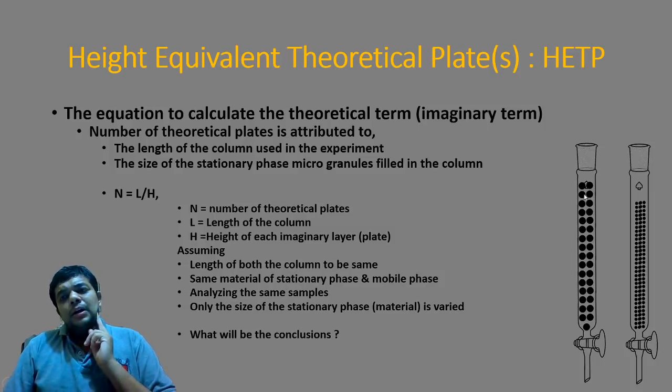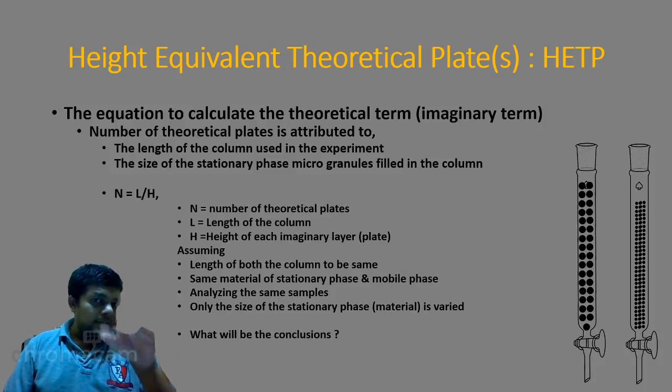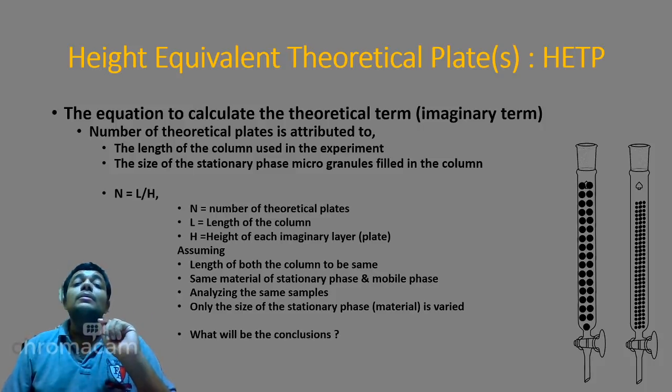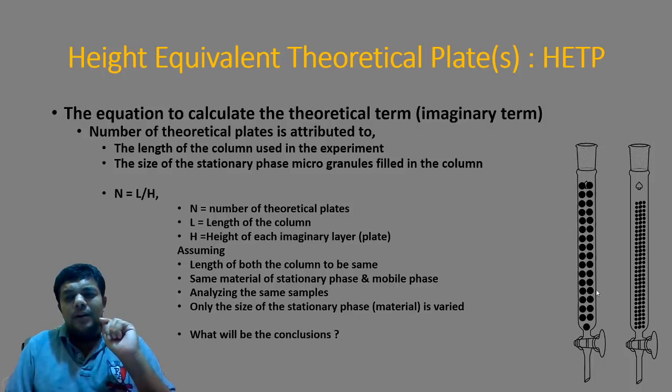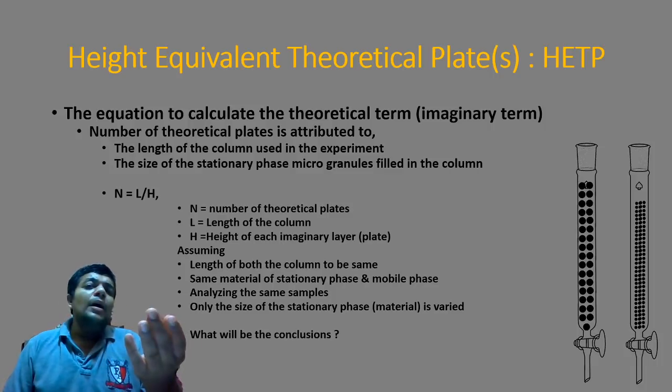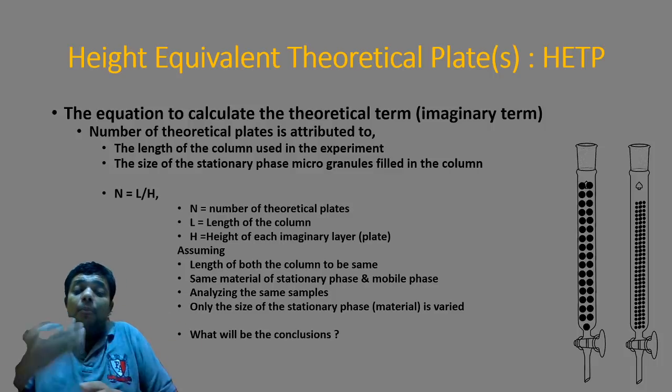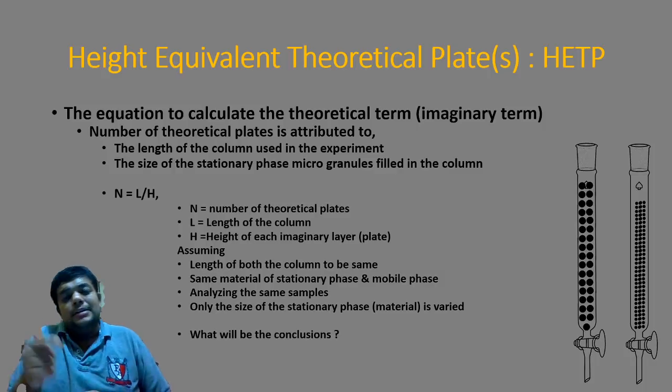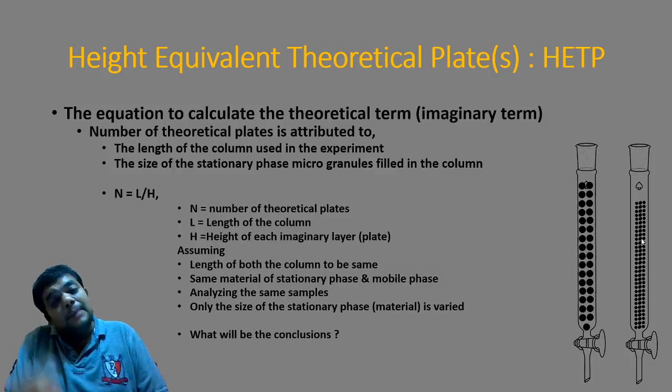Whereas over here, the number of layers is less, the particle size is big, the surface area will be less. Therefore, when comparing these two, over here the separation will be poor, over here the separation will be better. Because as the stationary phase size decreases, more surface area, more interaction, more layers to cross, and therefore better separation.